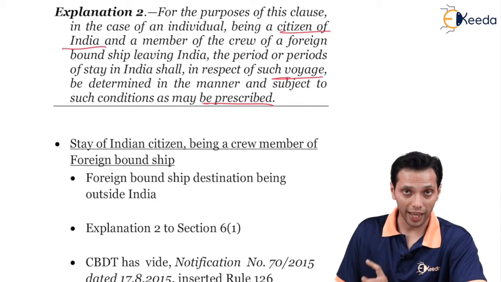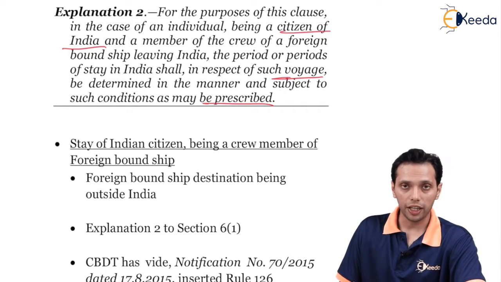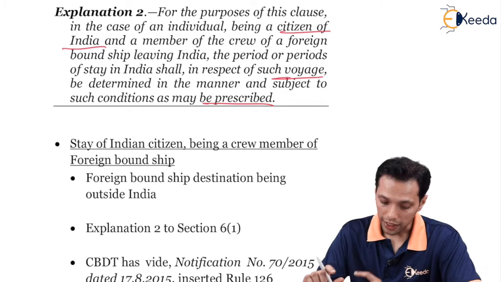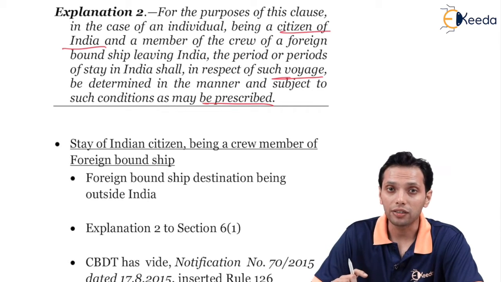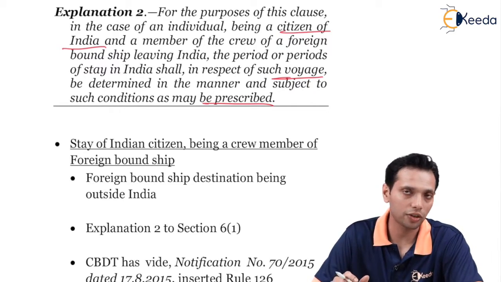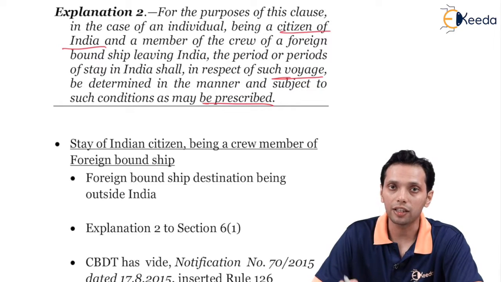So in this case, what happens is the stay of the Indian citizen is determined. For an Indian citizen who is a crew member of a foreign bound ship, he will receive a certain exemption in the number of days when he is on a foreign bound ship for the purpose of employment.